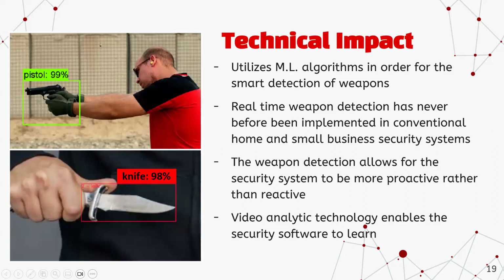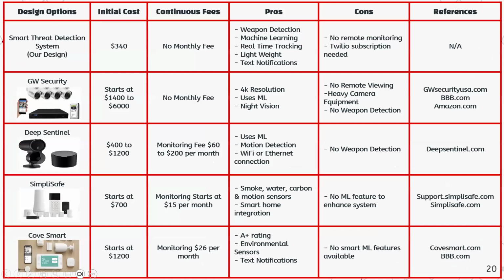And then you have the technical impact of advancements in video analytic technology, allowing algorithms to learn and adapt to new threats. The weapon detection system allows for a security system to be proactive versus reactive. And you also have real-time weapon detection that's never been implemented in conventional home and small business security systems before.